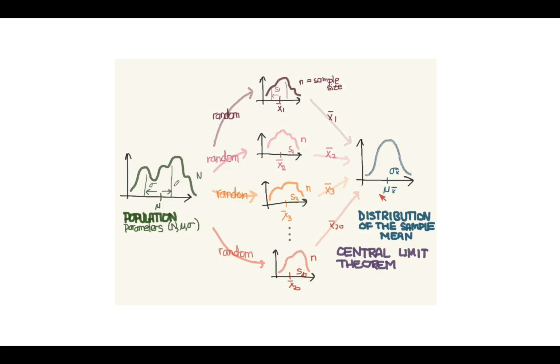What it basically says is that if you know any distribution's mean and standard deviation, and then secondly you take a large enough sample, then the distribution of the sample means of these different samples always gives you an approximately normal distribution, which is very, very powerful because it says that we can get information about any kind of mean.